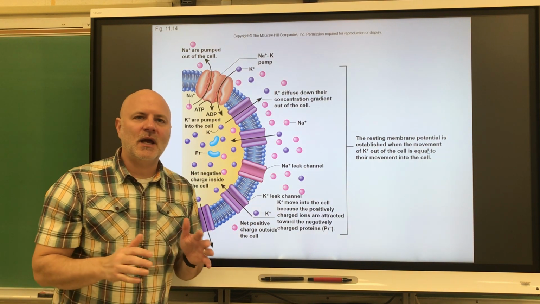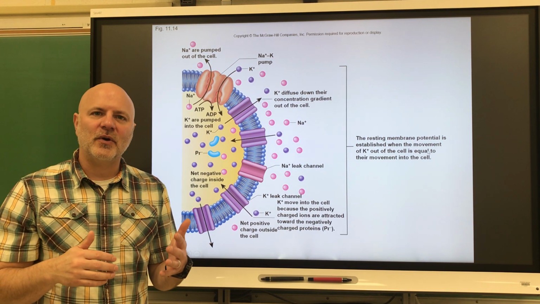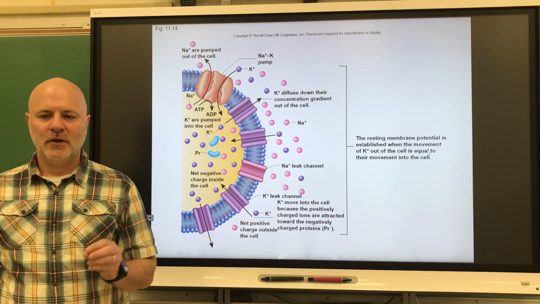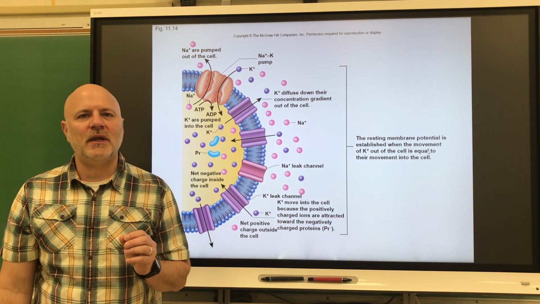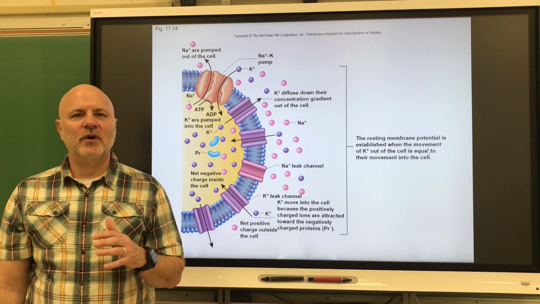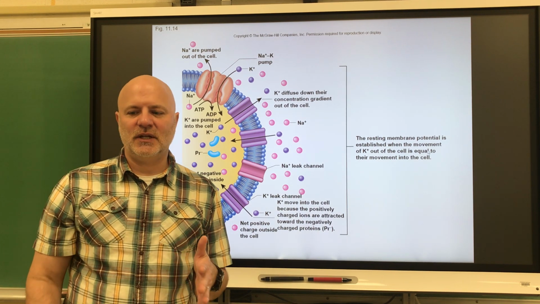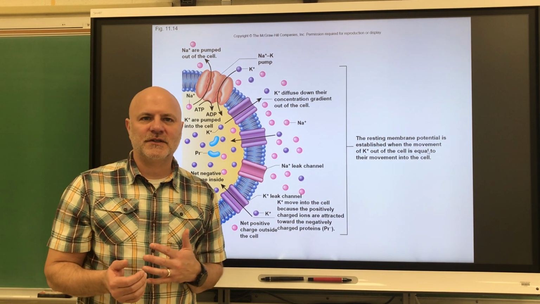What's going to cause an action potential, or a nerve impulse, to occur is just the diffusion of ions. Before that can occur, we have to have some stimulation above what is known as our threshold potential. A threshold potential is a stimulation level that must be exceeded to cause a nerve impulse or a muscle contraction.